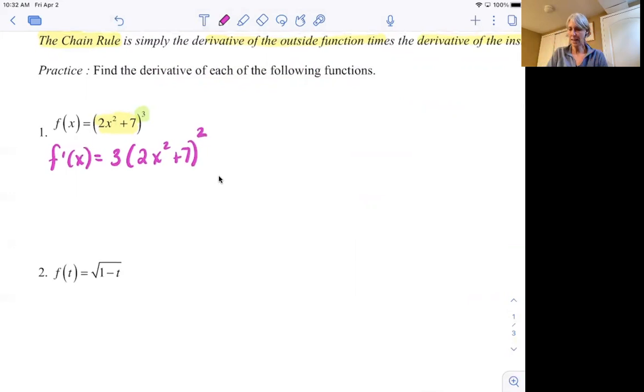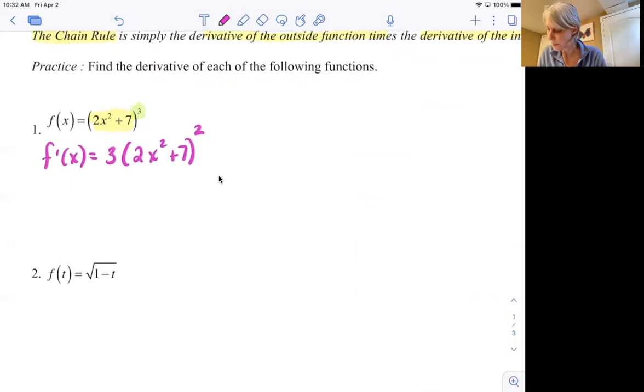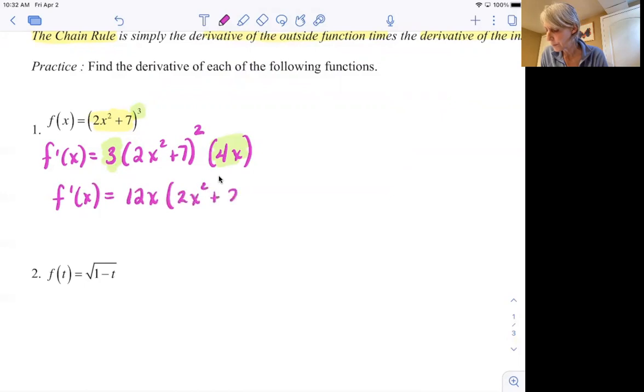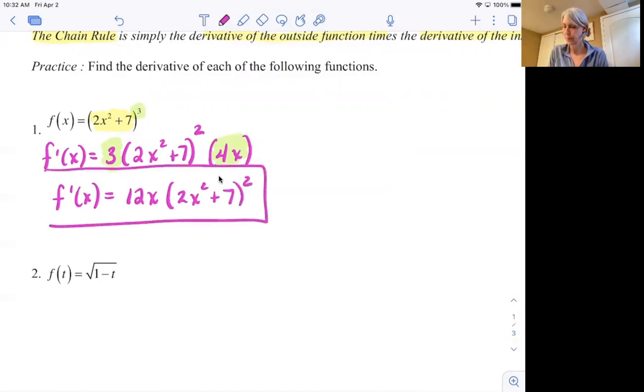And now go inside and take the derivative of the inside. And now all we're going to clean up, we're going to leave the parentheses alone, and you're just going to worry about anything that's hanging out. And there you go.